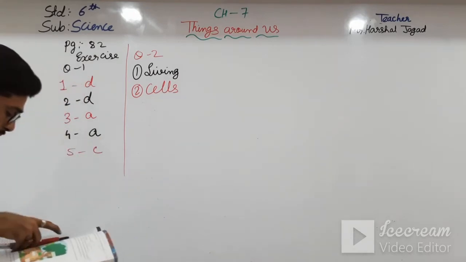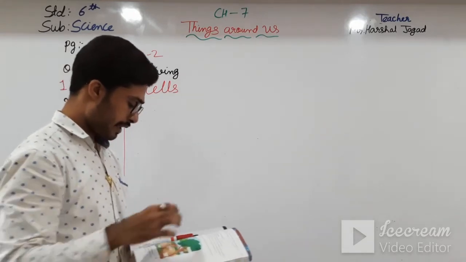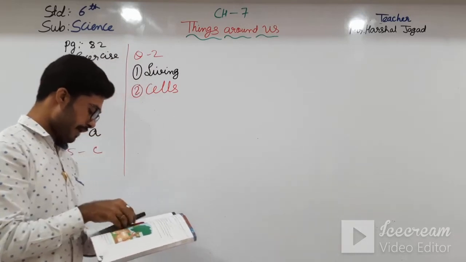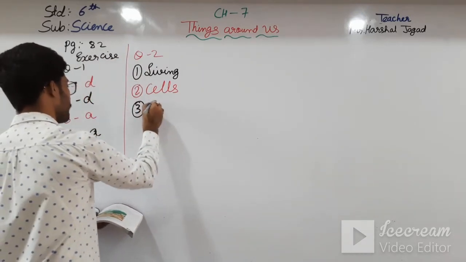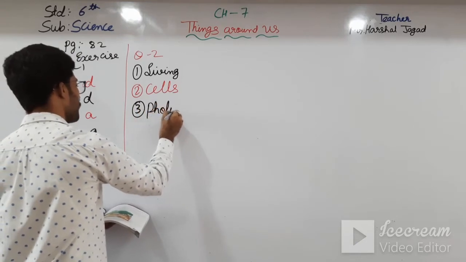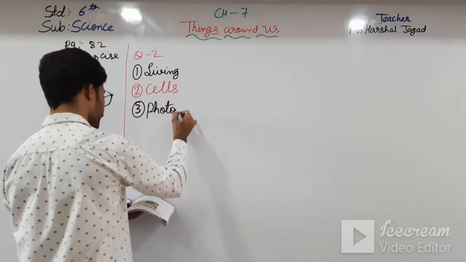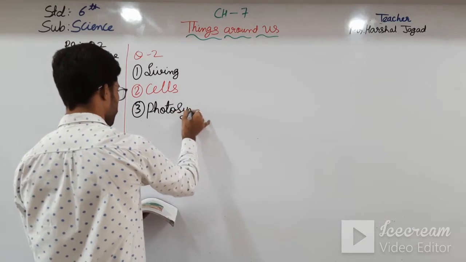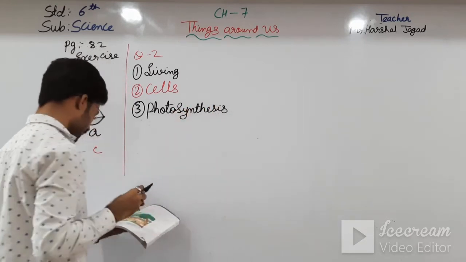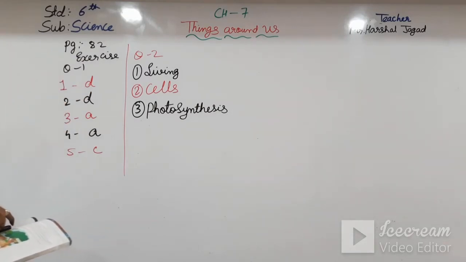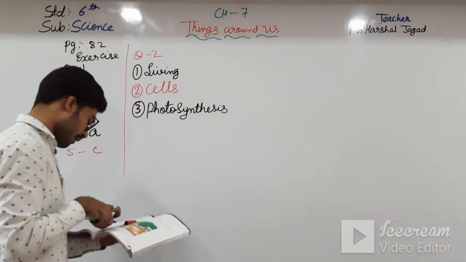Third one, the process by which green plants make their own food is called dash. That is photosynthesis process. Then next is plants and animals need dash for respiration. Oxygen.